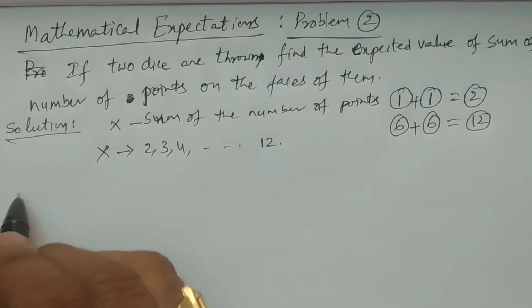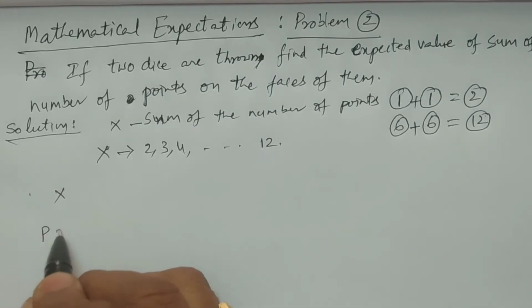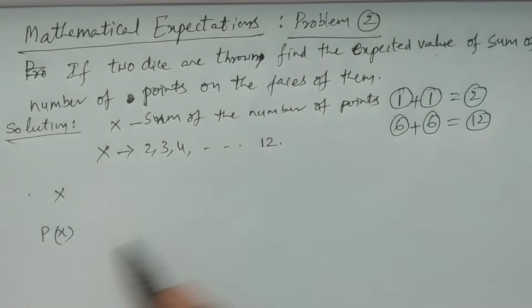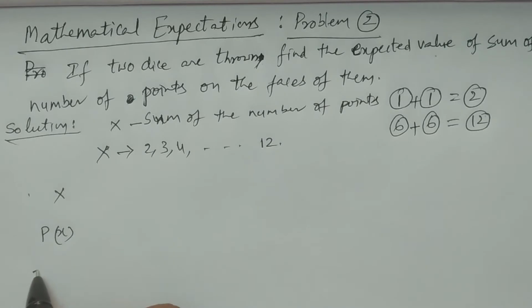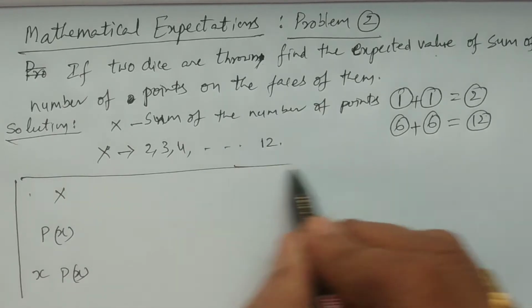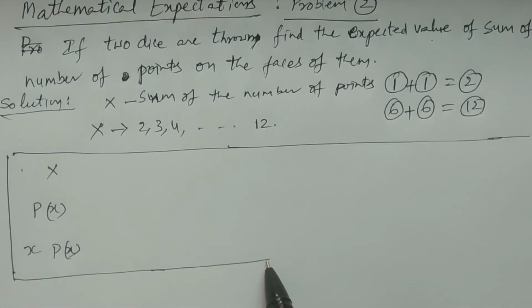So what I'm doing is, I'm considering X values here, probability of X here. To calculate the expected value, that is the expectation of X, I calculate X times P of X. These are the 3 columns I calculate. First of all, I calculate the probability for X from 2 to 12.